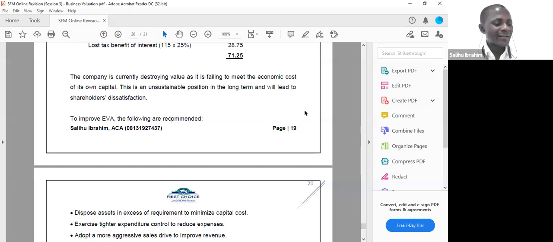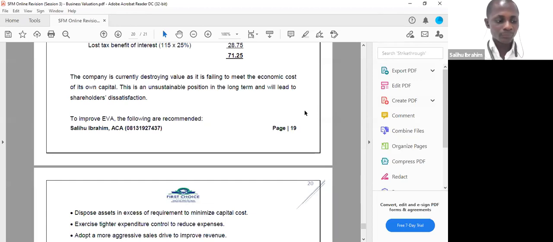So the question can tell you, look at it. Though the question did not directly state that, you can just say make appropriate recommendation. What appropriate recommendation are you going to make?